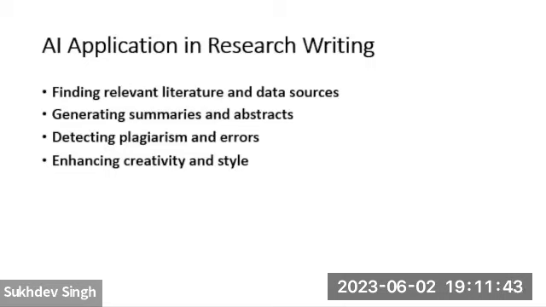There are some tools which can caution you that this is not your original, but you have copied it from somewhere. Then you can take care how to paraphrase it, how to properly take the ideas from others. So AI tools can help you in that way. And finally, while writing your research, AI tools can help to enhance the creativity as well as the style of writing.